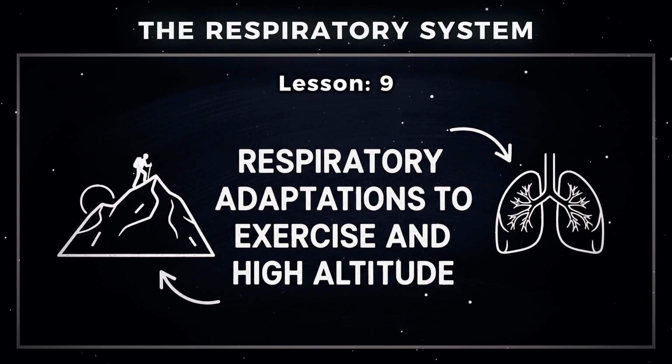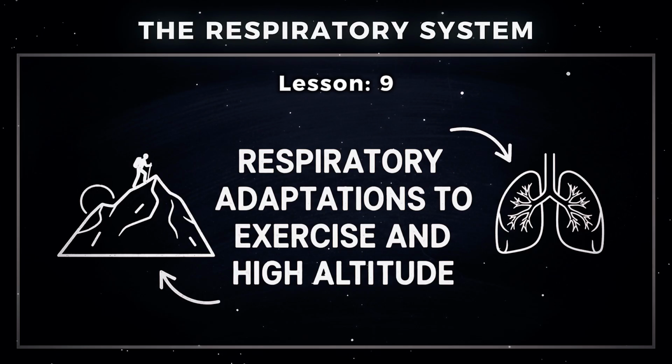Historically, our understanding of these adaptations was forged through daring high-altitude expeditions. In the 1920s, during the early attempts to climb Mount Everest, scientists were obsessed with whether a human could survive at 29,000 feet without supplemental oxygen.